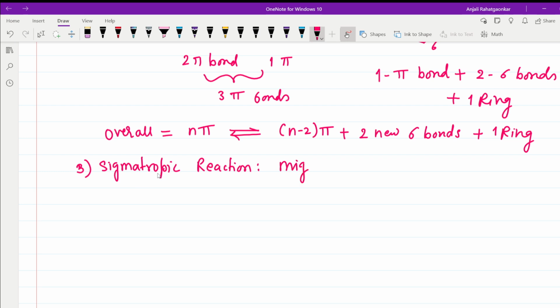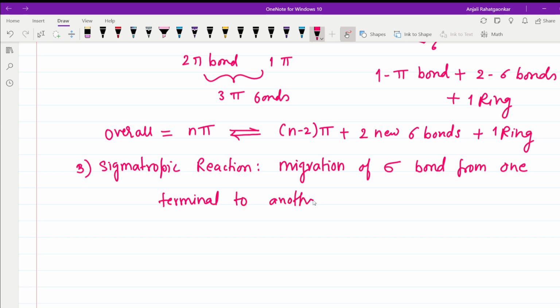See, the title itself reflects everything. There is a migration of a sigma bond from one terminal to another.